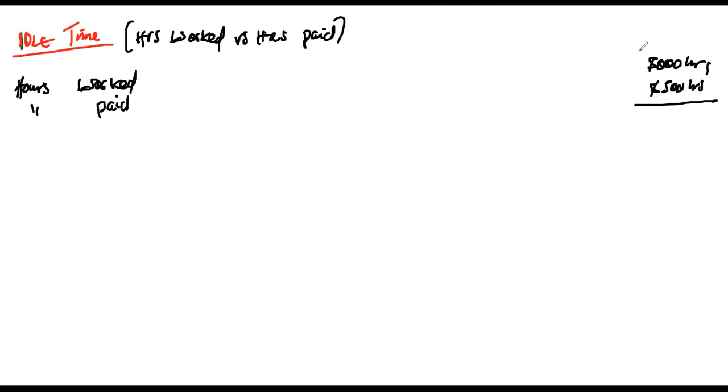We've got a variance there of 500 adverse. It's a bad thing. They paid more, but they worked less. See? So there was some idle time. So idle time there is those 500 hours. Now, you see, in variance analysis, we do not report variances in units.